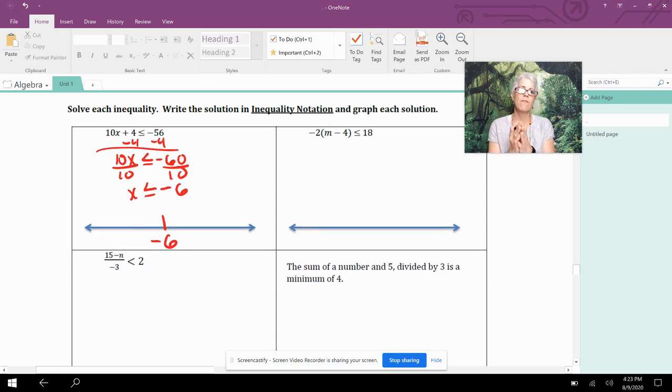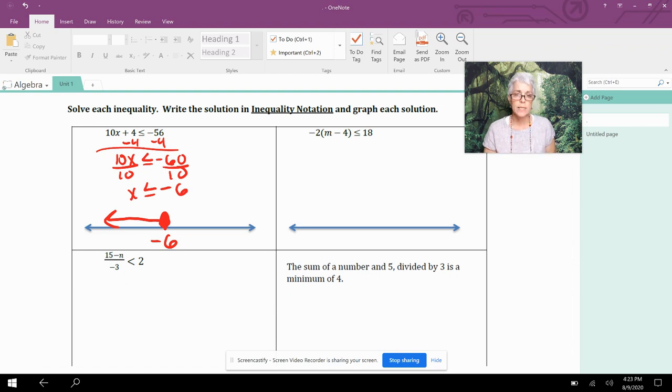And then if I have the variable on the left-hand side, which is how you should always finish out an equation or an inequality, with the variable on the left-hand side, the inequality will point the way for you. So this is pointing to the left, so I'm going to go to the left. And because of the equal sign, this is actually going to be a dot. So x is less than or equal to -6. You can see how I graphed it. That's all you need to do.